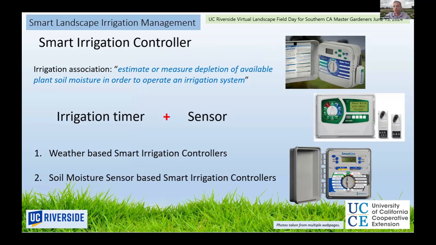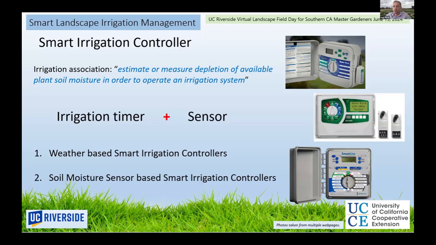The way that I want to think about a smart controller is as an irrigation timer plus a sensor. Based on the type of sensor, you can divide irrigation controllers into two main categories: weather-based or evapotranspiration (ET)-based smart controllers, and soil moisture sensor-based smart controllers.